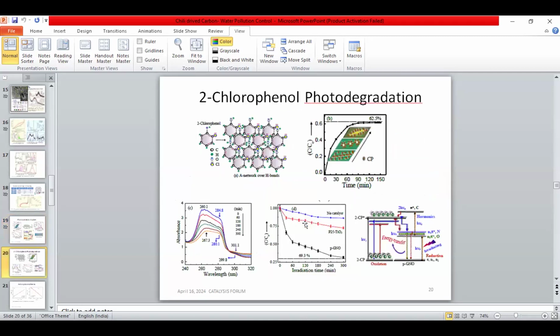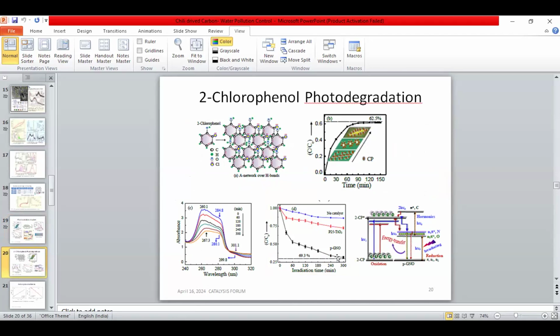Similarly, we have taken a charge neutral organic compound, that is chlorophenol, which is mostly available in pharmaceutical or say clinical sections. This chlorophenol is again a planar structure, and we are interested to find out the adsorption. We have 62% adsorption possible with the carbon prepared by us, and this is the degradation profile of 2-chlorophenol.